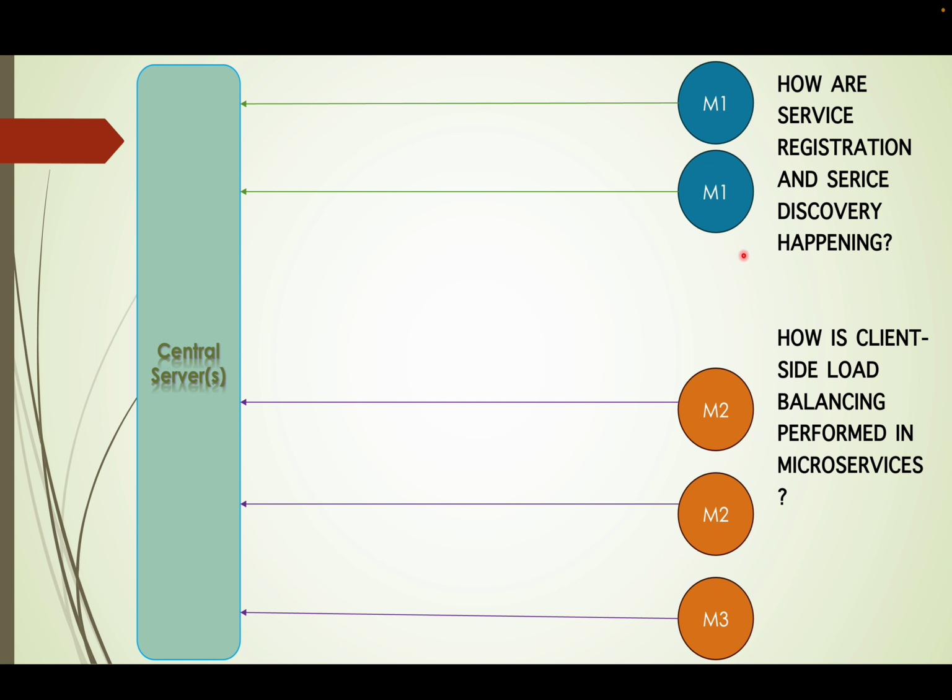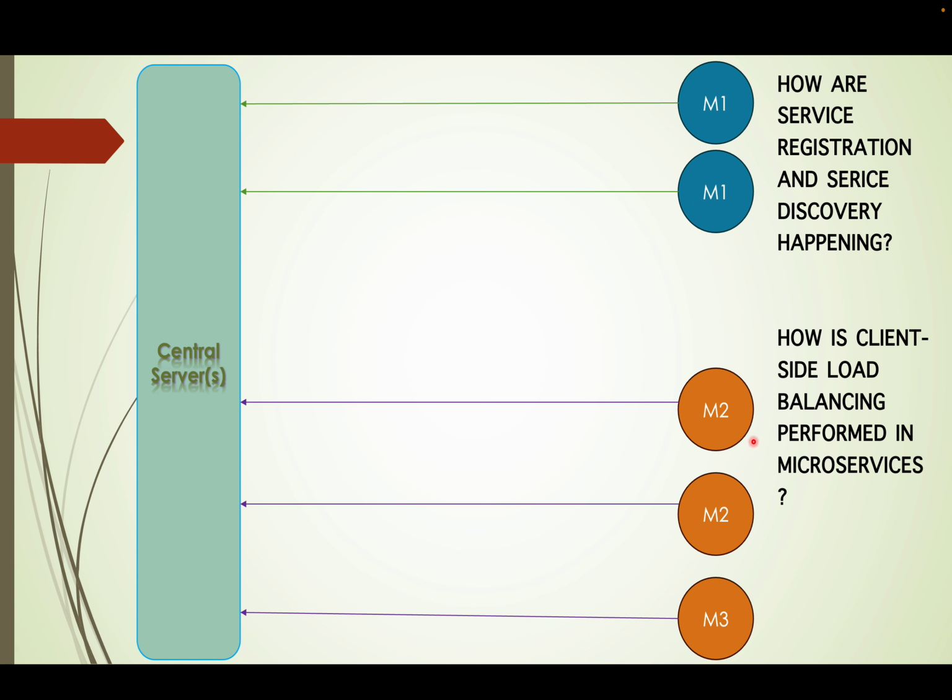Client-side load balancing now. As I told earlier, the central server responds to M1 with two IP addresses of M2. Now M1 needs to decide which specific instance of M2 it needs to call. So M1 needs to perform load balancing.